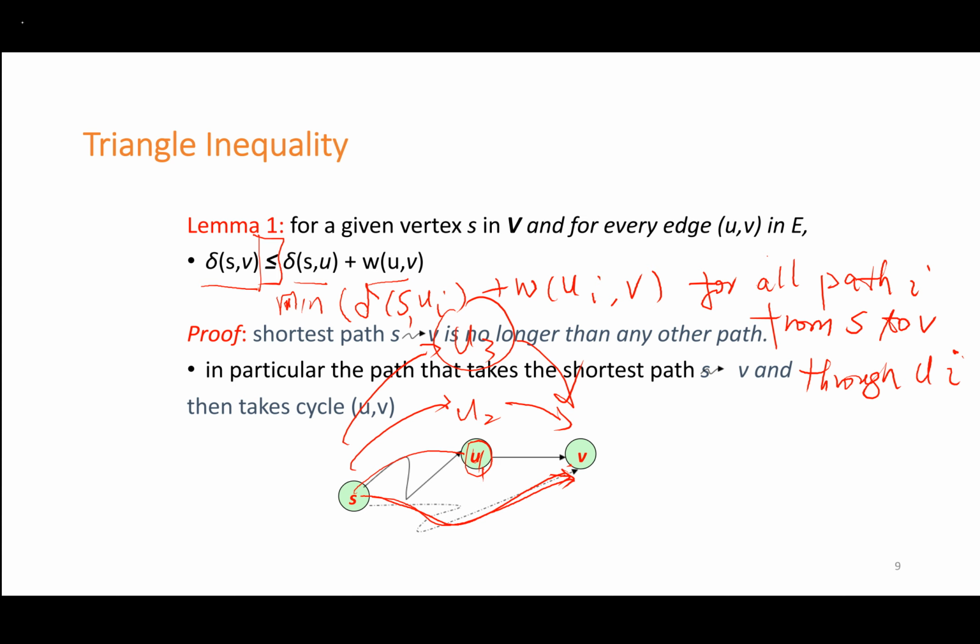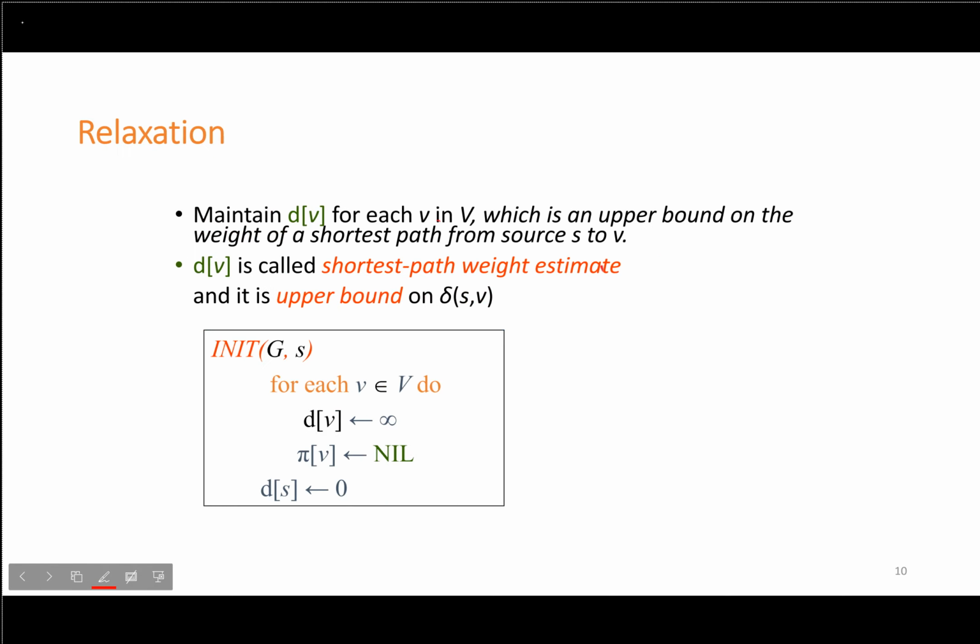This also tells us we have to check all these possibilities and get the smallest one: the one-step relation, two-step relation, and more-step relations. Then we take the minimum among all these different steps by which S can reach V, right? So this is a very useful property, also called the triangle inequality property, and it can be extended to what we talk about as relaxation.